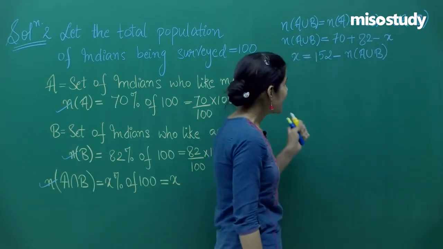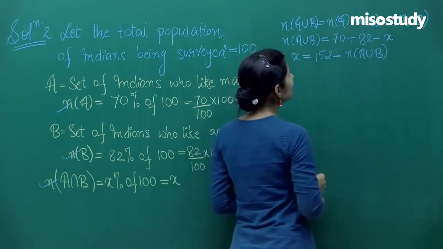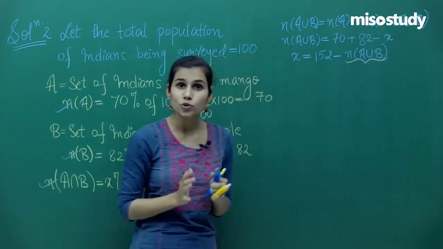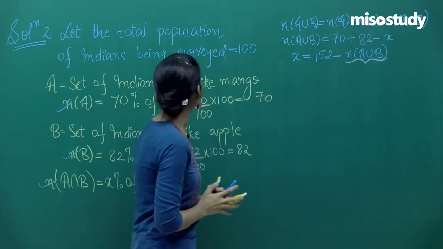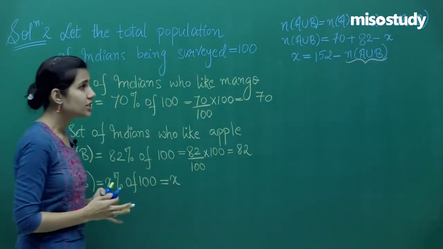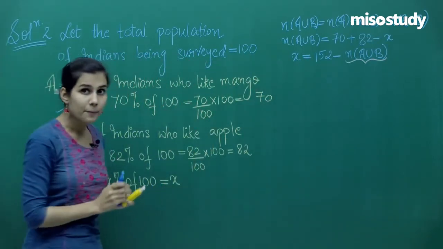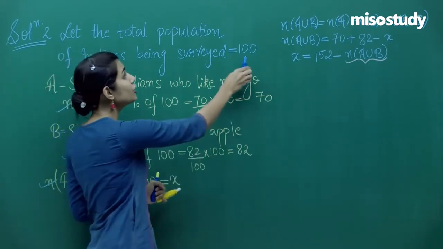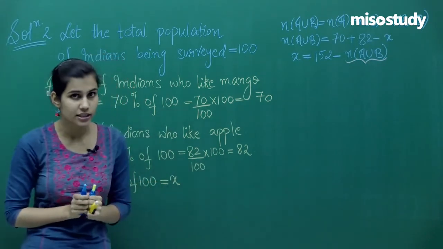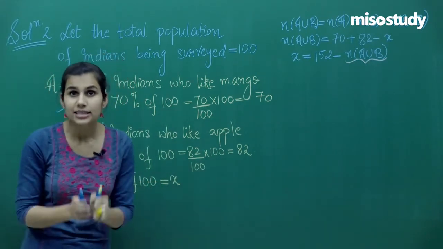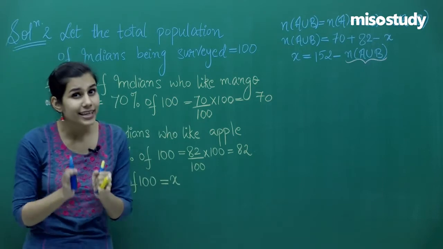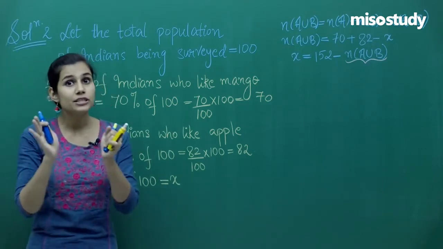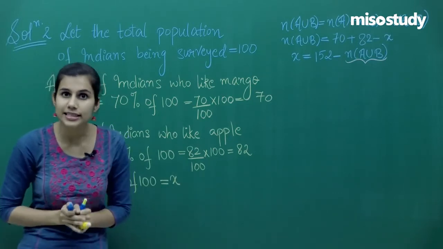The next thing is, what do you think can be the estimate for number of members in A union B? Well, the entire population is given to be 100, among which the survey is being done. This means number of members in the universal set is 100. Now at the max, the A union B set can be equal to the universal set, or in the other case it can be strictly less than the universal set.